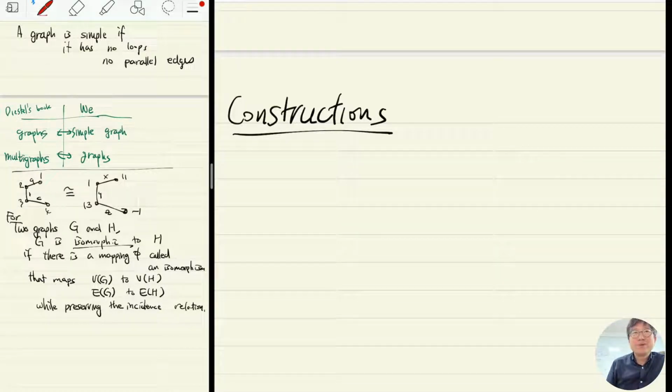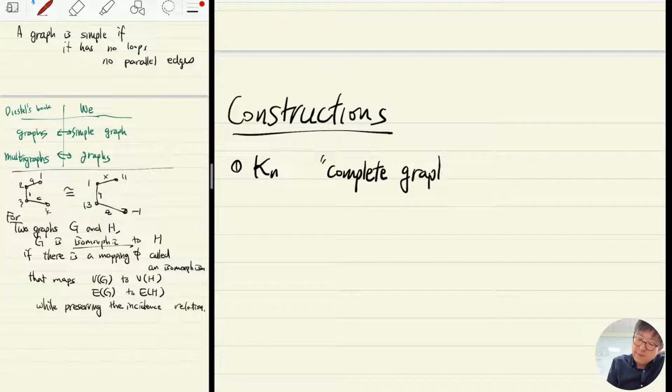So let me start with the simple examples. What are the complete graphs, Kn? This is called the complete graphs on n vertices.